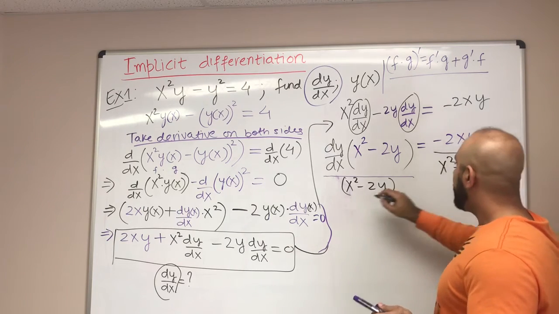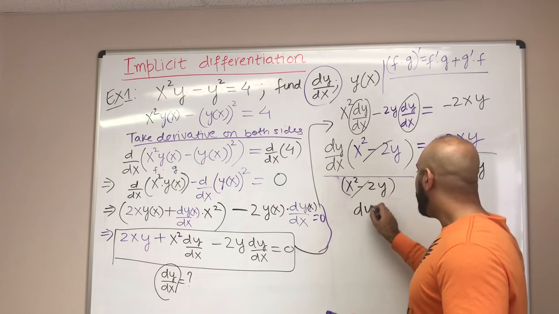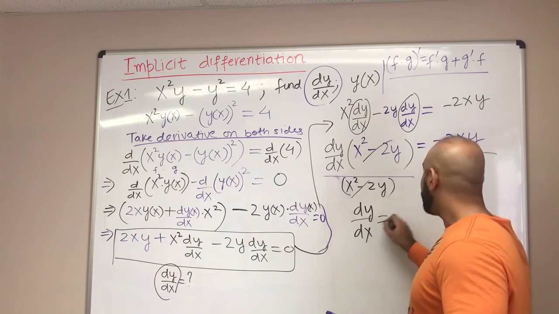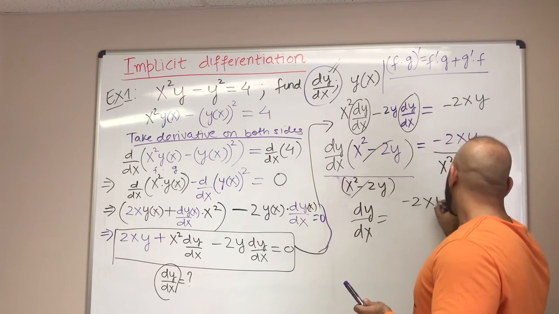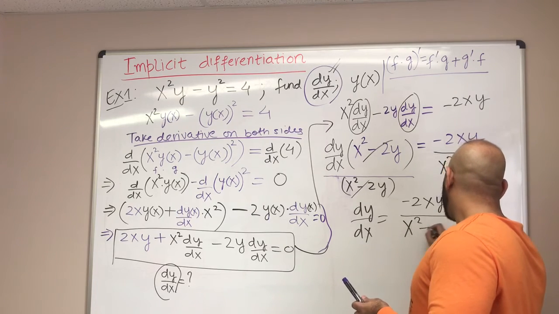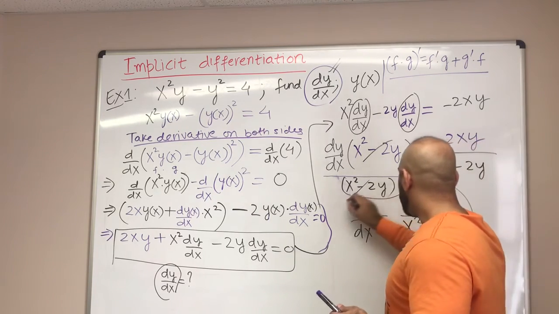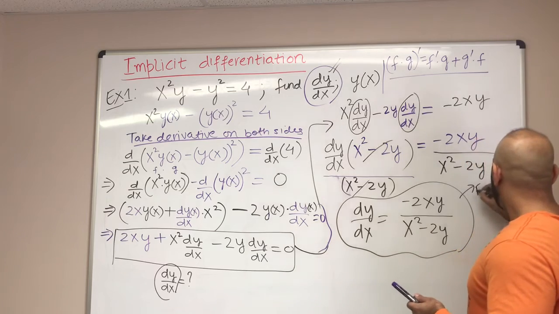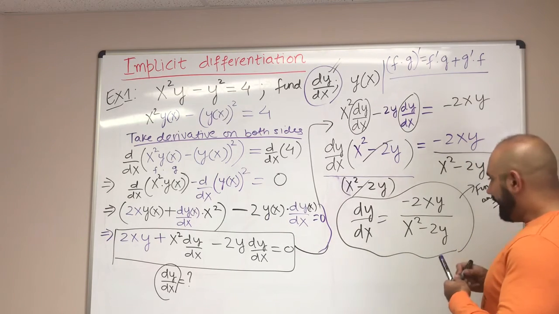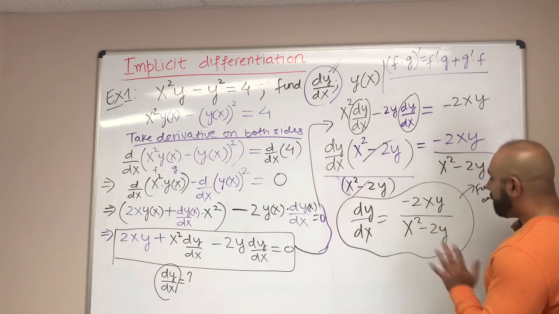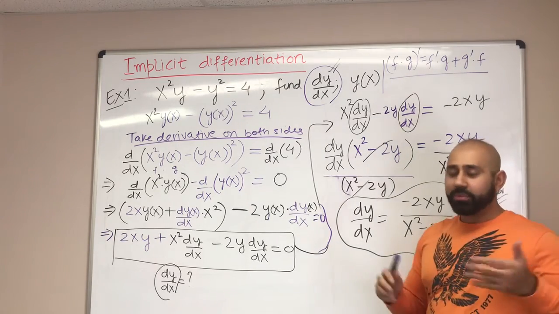So I divided both sides, this crossed out, I get dy over dx, and that is exactly what we were trying to find. It says find dy over dx equals negative 2xy over x squared minus 2y. And guys, this is going to be my final answer.